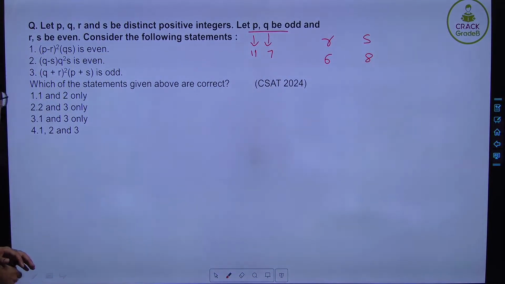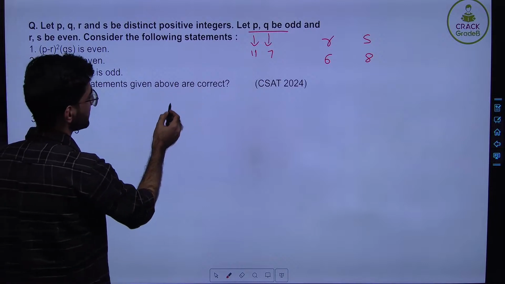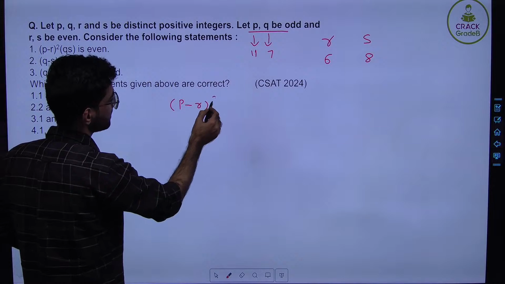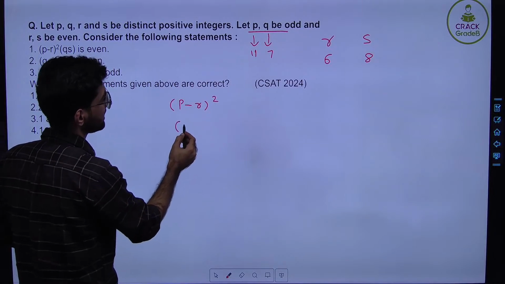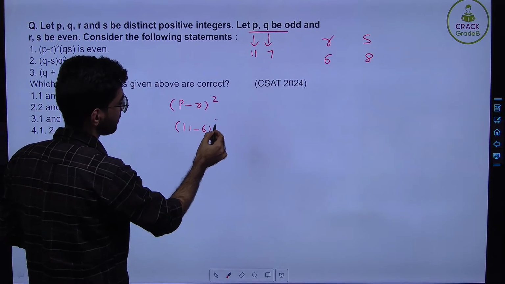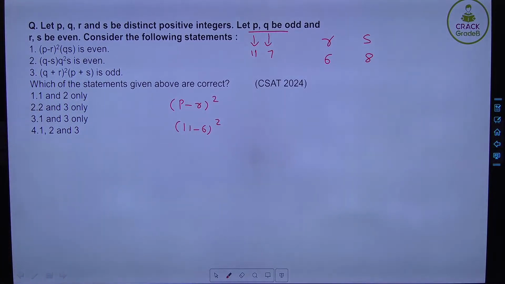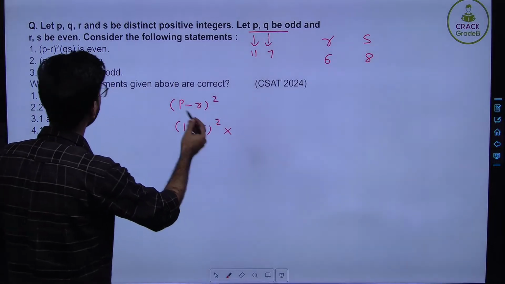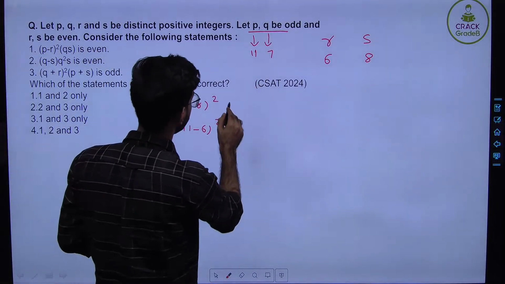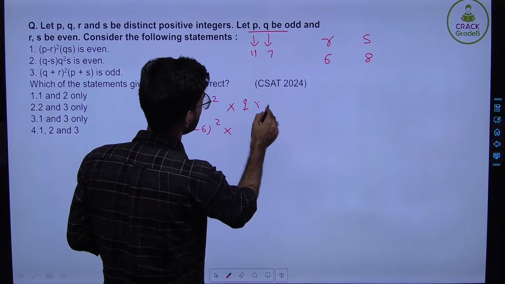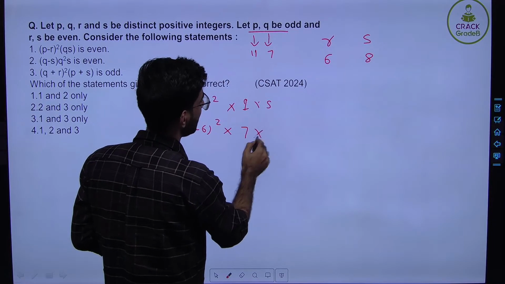Now try to think about option 1, P minus R square, into Q into S. P minus R square is basically 11 minus 6 square, then into Q into S. Q is 7 and S is 8.